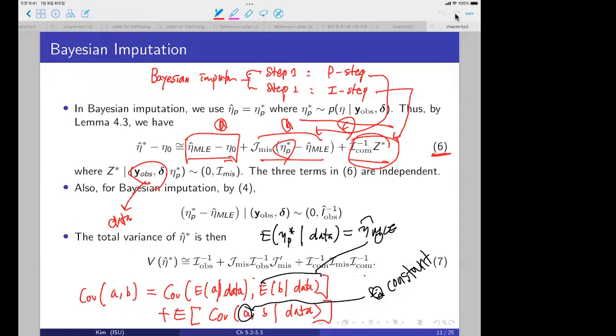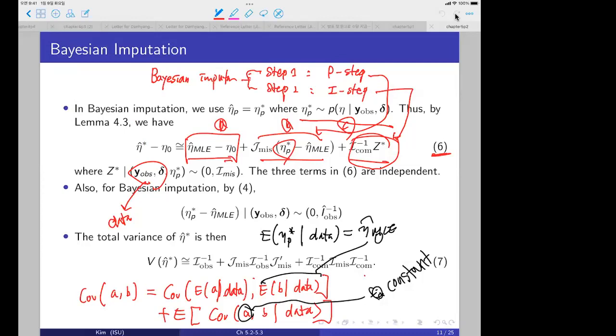But we do have a score function, right? The MLE is the solution to the score equation, so it is calculated from the observed data.